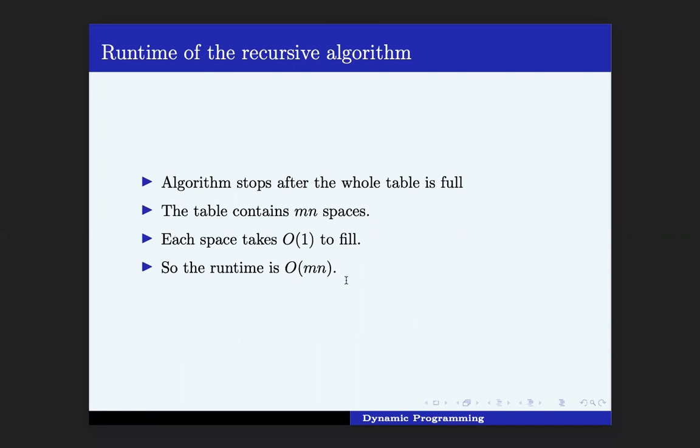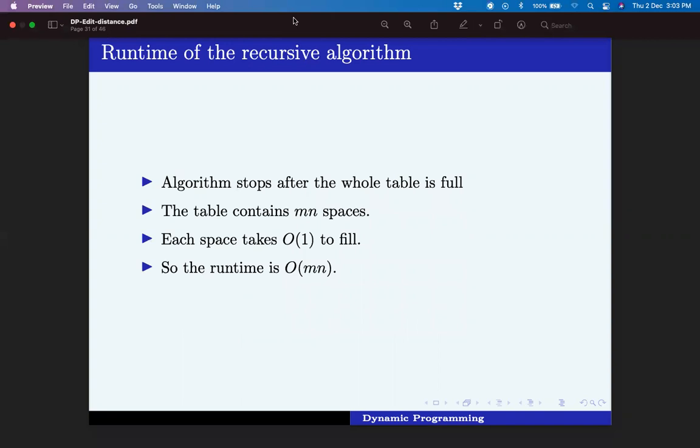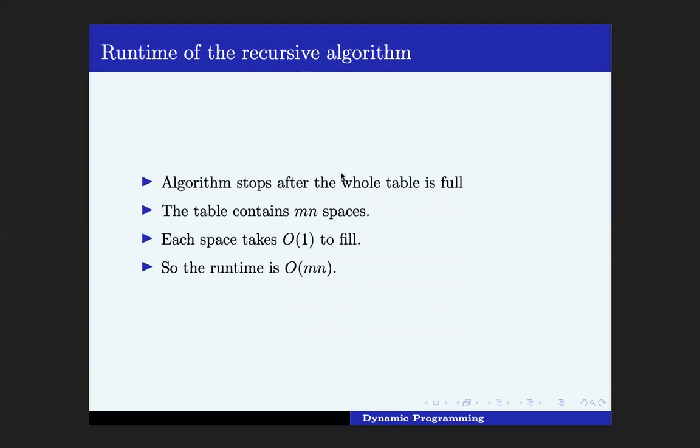Think recursively. Sir, I have a question. For problems of such kind, is it possible to establish lower bounds?